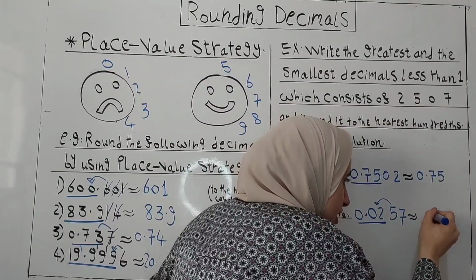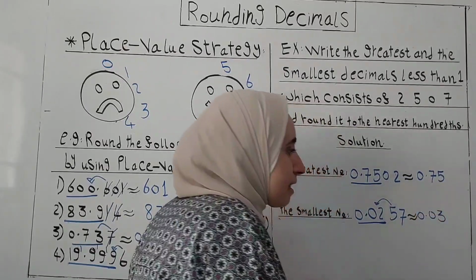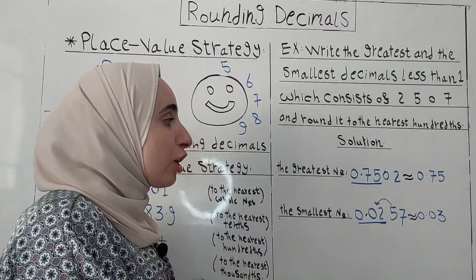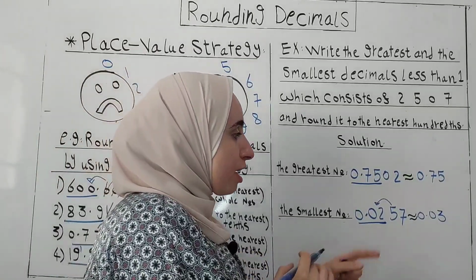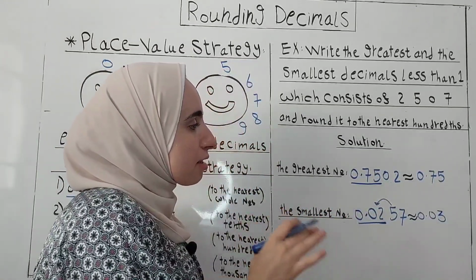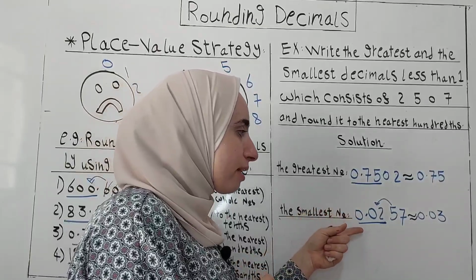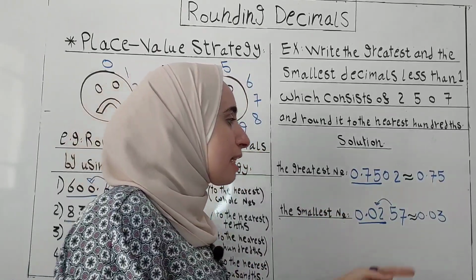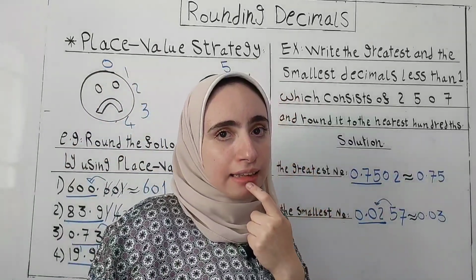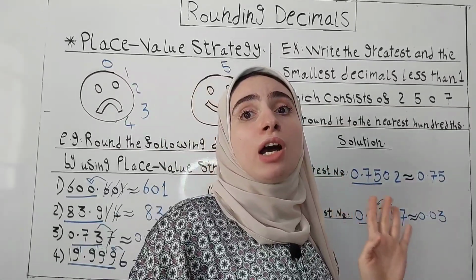And we write the digits in the next higher place as they are. Finally, we drop and ignore the digits in the last place. So this number approximately equals 0.30.